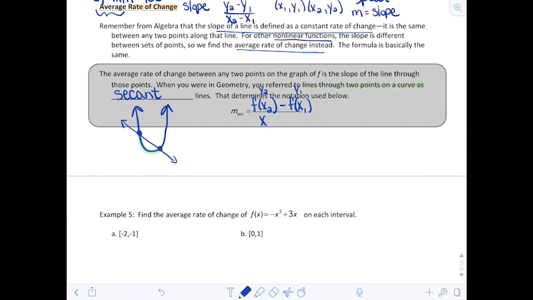And so then that's over x sub 2 minus x sub 1. So we still have the change in y over change in x, but now it's an average because it's not really along a line, but rather along a curve. The difference today is that you're going to actually have to go find the y values, okay?